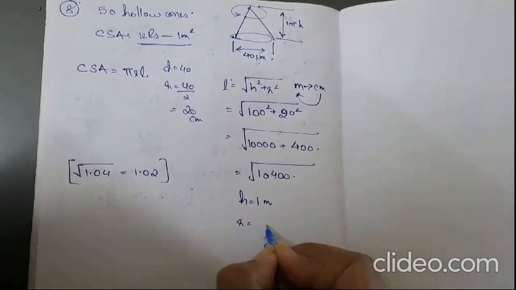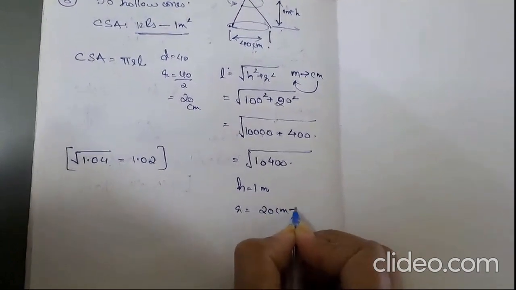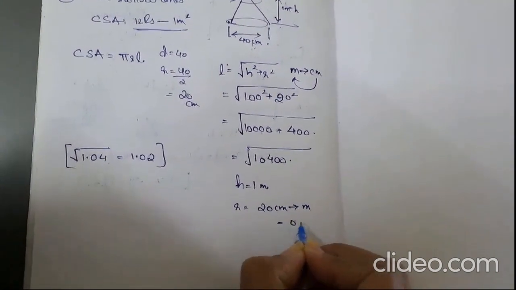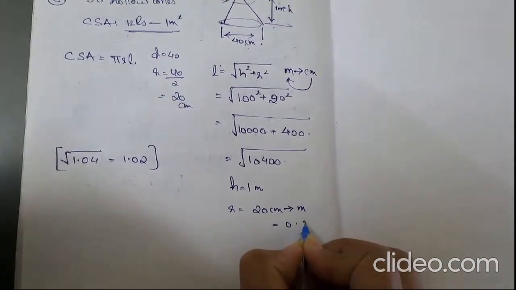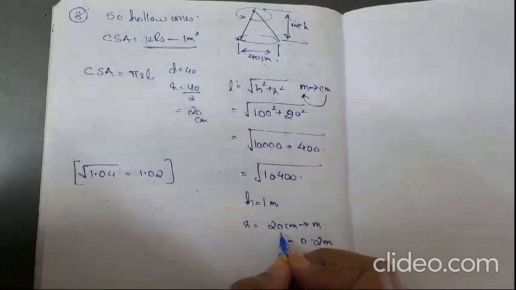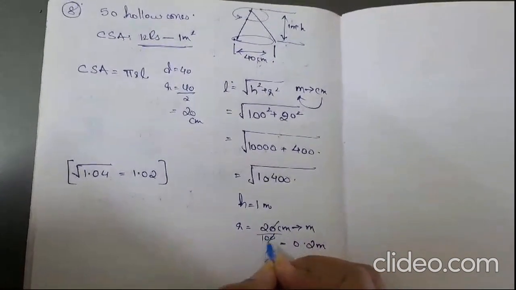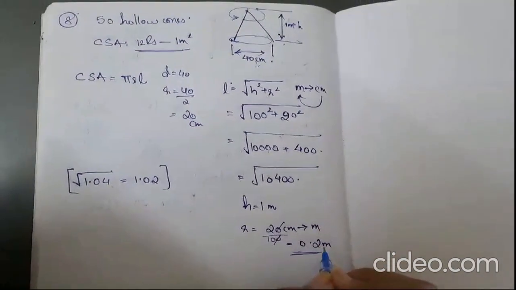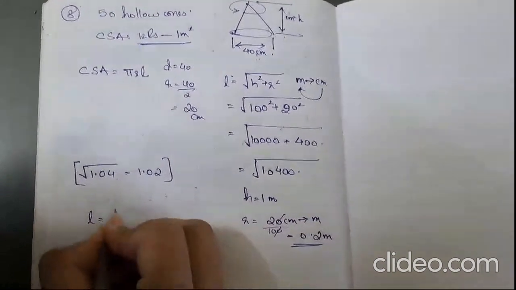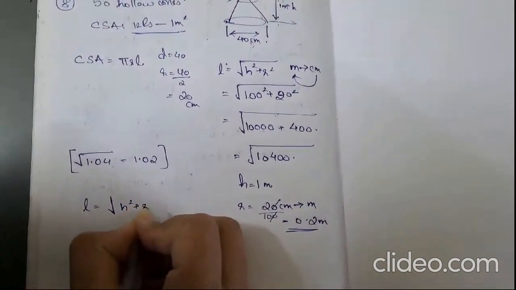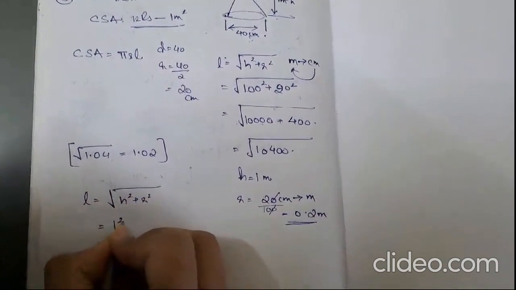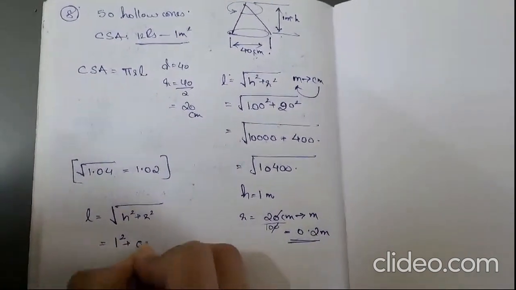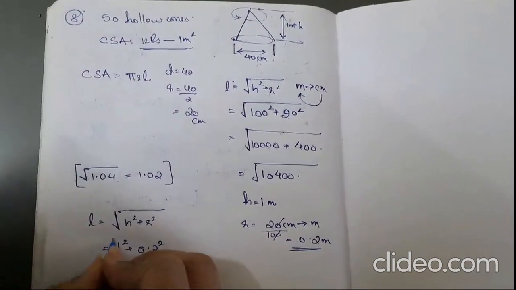The r value 20 centimeters was converted into meters, so divide by 100, and it becomes 0.2 meters. Now here the L is again to be determined. That is h square plus r square, that is 1 square plus 0.2 square, under root.